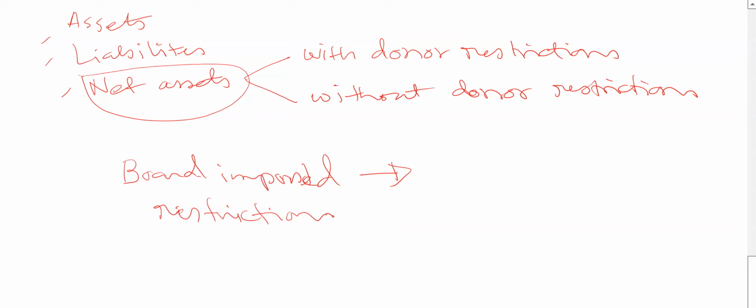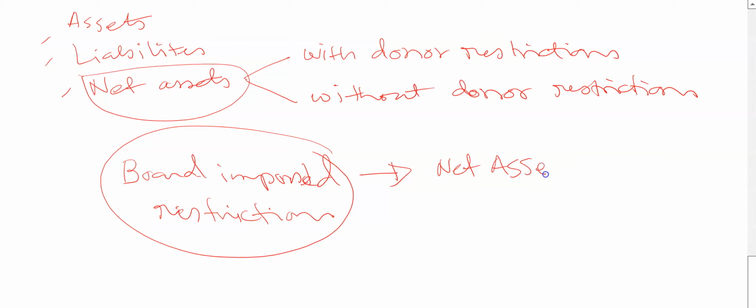So even if we keep aside some money for a specific purpose and the decision is made by the board, that amount will be net assets without donor restrictions. So you have to remember, board imposed restrictions are not imposed by the external donors. So if we keep aside some amount, we will show it under the net assets without donor restrictions.